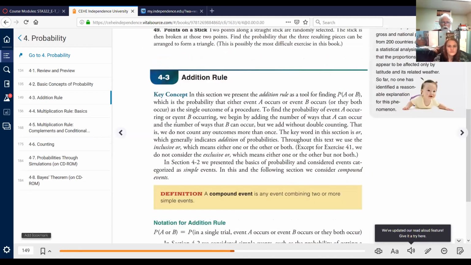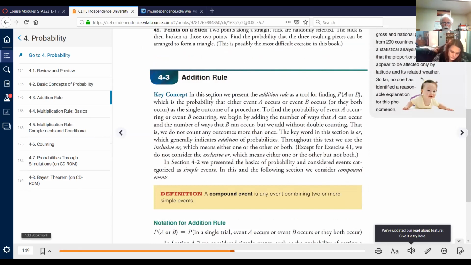Okay. This section is worth taking a look at, the addition rule, the probability of one of two things occurring.